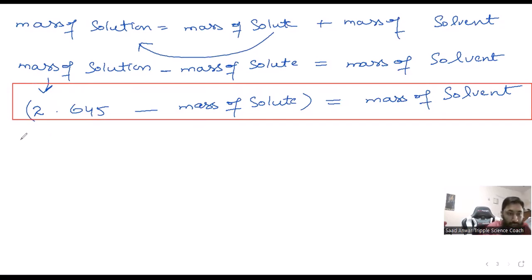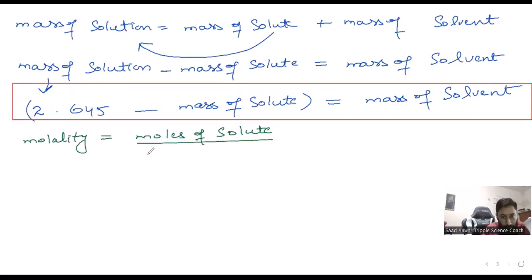I would use this in the formula that molality is equal to moles of solute over mass of solvent, not volume. In molality, we talk about mass of solvent in kilogram.